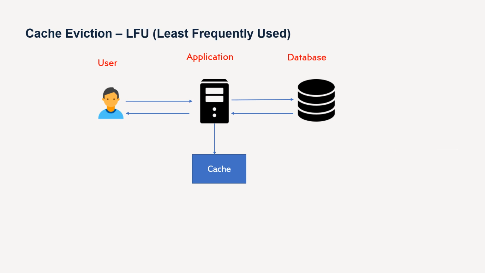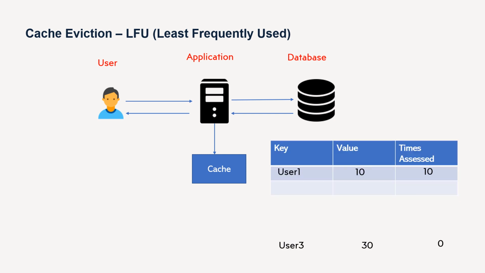Then another cache eviction strategy is the LFU. We will check the frequencies, like how many times it was accessed. For example, you can see here, user one was accessed 10 times and user 2 was accessed 25 times. It means that user 2 is more active, or the most frequently used. So the least frequently used value is user 1.